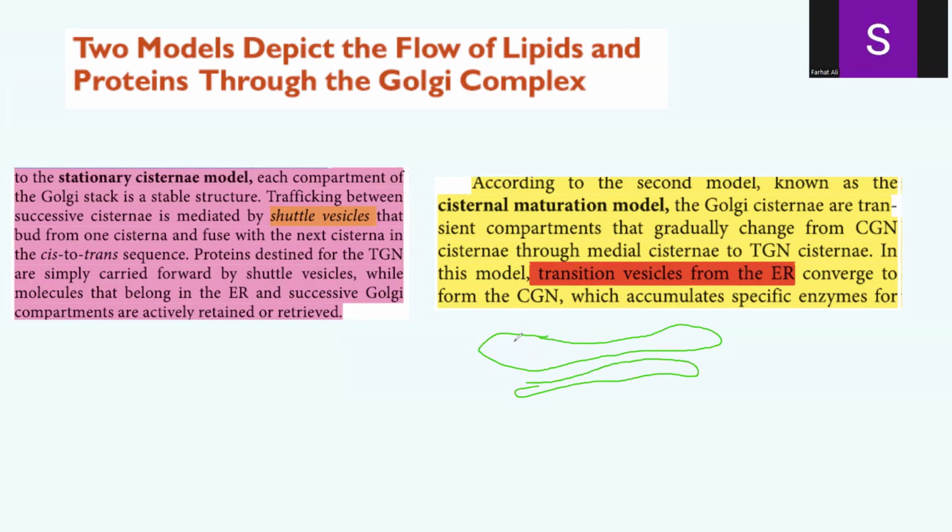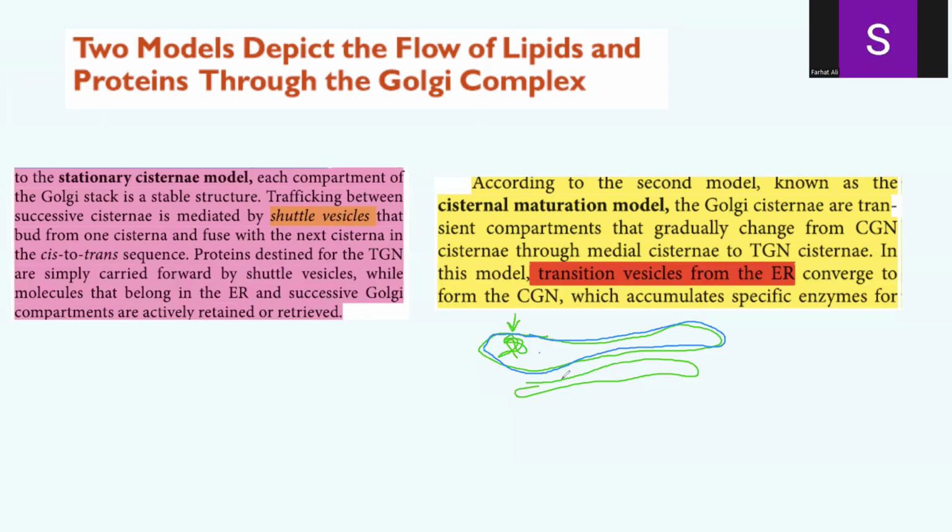Initially, the proteins would be received here. So this will be the cis Golgi, and the proteins arrive here. When some set of modifications has been done, this cisterna will accumulate the enzymes which are required for the next round of modification.